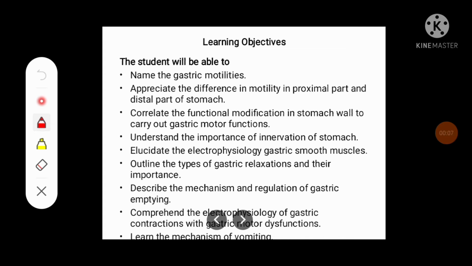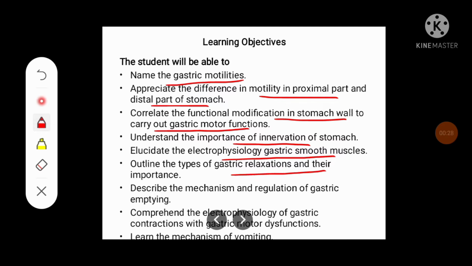The objectives would be: name the gastric motilities, appreciate the difference in motility in proximal part and distal part of the stomach, correlate functional modification in stomach wall to carry out gastric motor functions, understand the importance of innervation of stomach, elucidate the electrophysiology of gastric smooth muscles, outline the types of gastric relaxation and their importance, describe mechanism and regulation of gastric emptying, comprehend the electrophysiology of gastric contraction with gastric motor dysfunction, and learn the mechanism of vomiting.